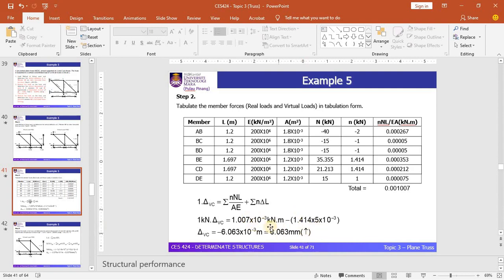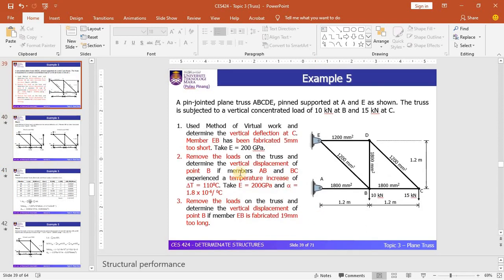The load effect gives a positive value, while the fabrication effect gives a negative value. Obviously the shortening value is larger than the load effect value, so the net displacement at joint C is upward, meaning that the displacement for joint C is governed by the fabrication error.